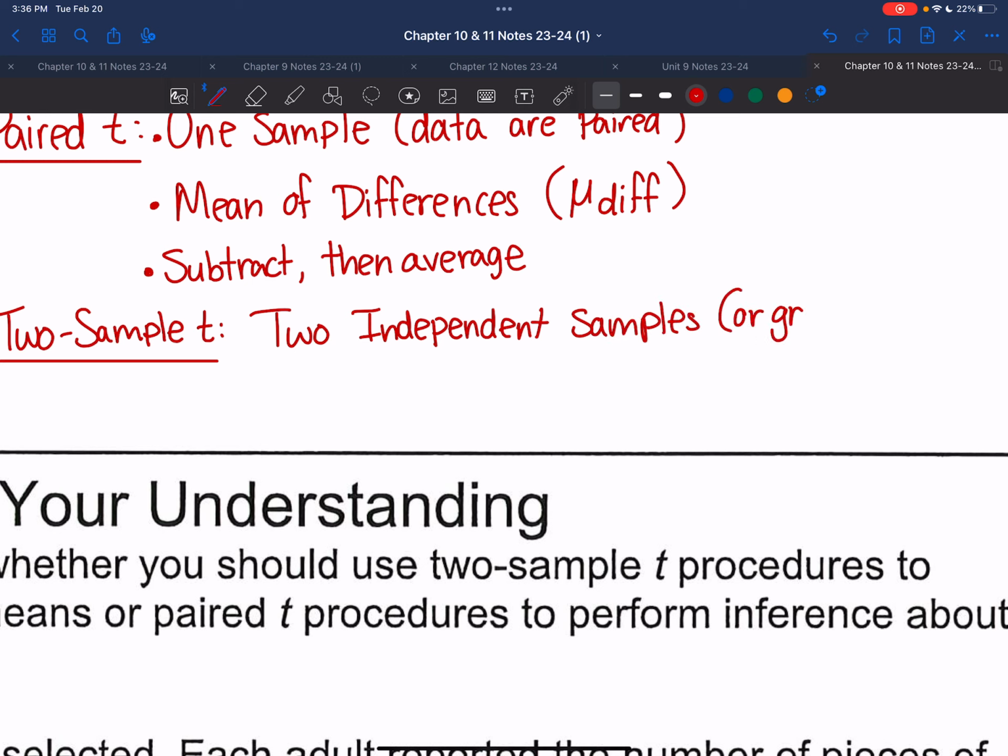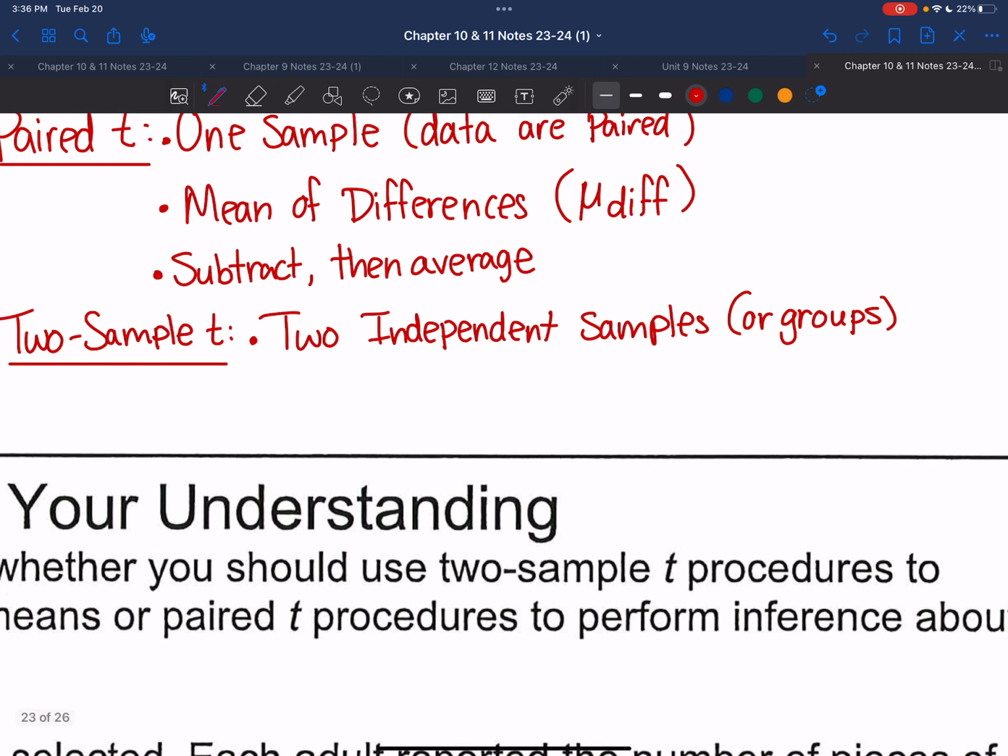So like in the cookies example, we looked at the number of chocolate chips in Chips Ahoy cookies versus Major Chipsters cookies, right? Those are two independent groups. You can't have both of those together. Same with the calories on the receipts for Starbucks. Those are independent groups. You can't have a receipt that is both from Starbucks that lists calories and Starbucks that doesn't list calories. They're independent groups.